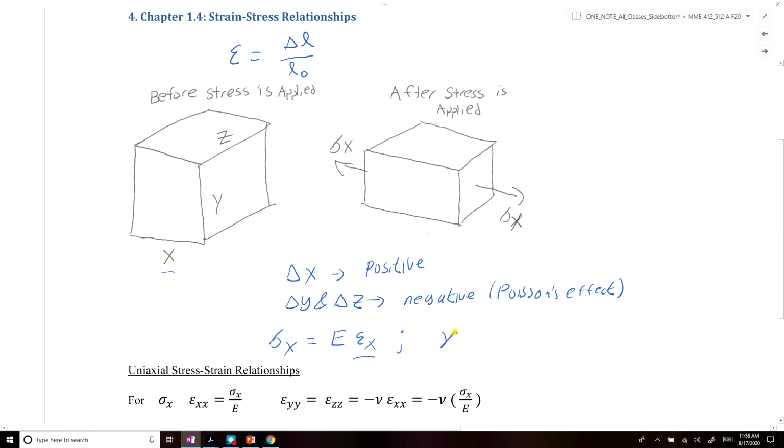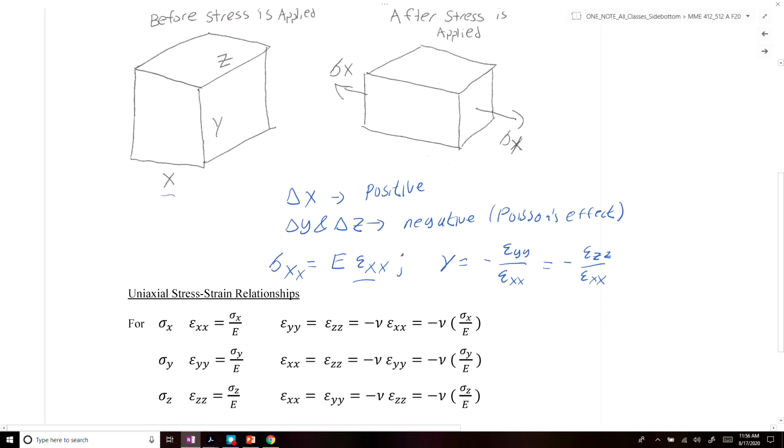So the Poisson's ratio of a material is equal to the strain in the y direction over the strain in the x direction, and we can do the same thing, and that's also equal to the strain in the z direction divided by the strain in the x direction.